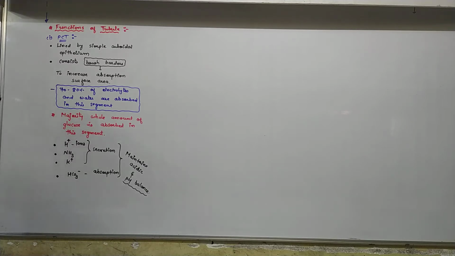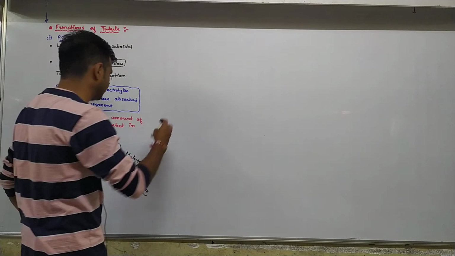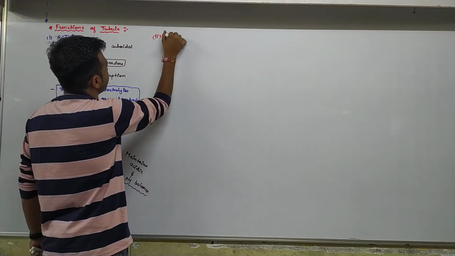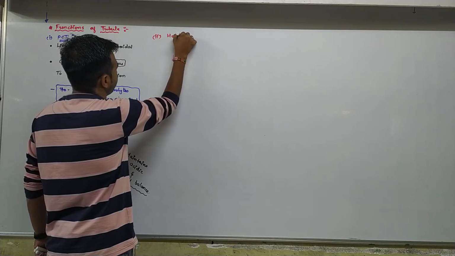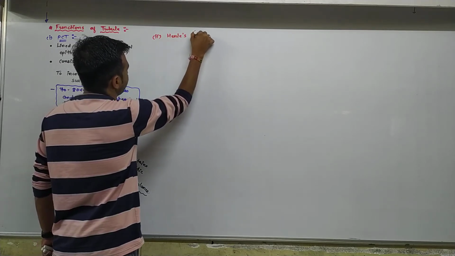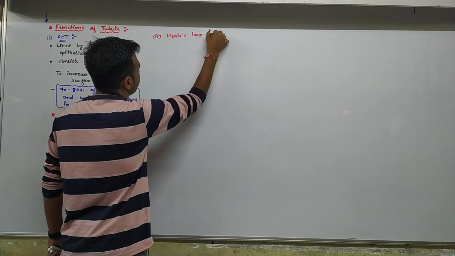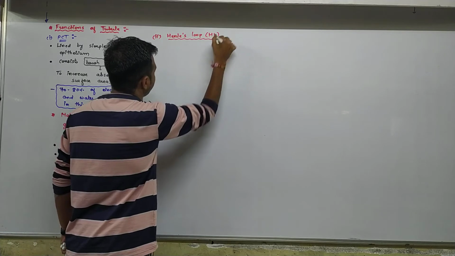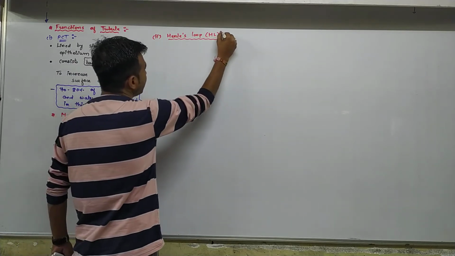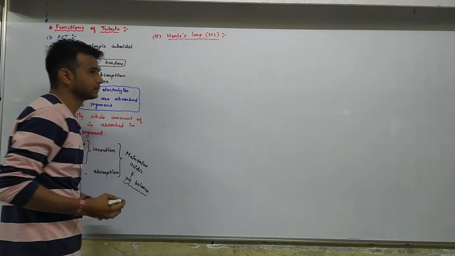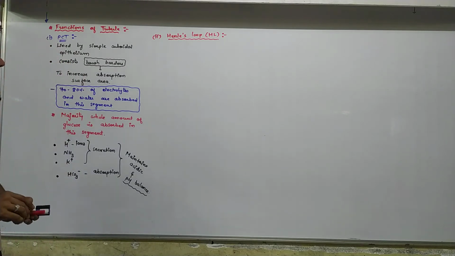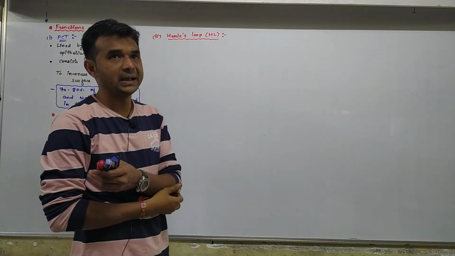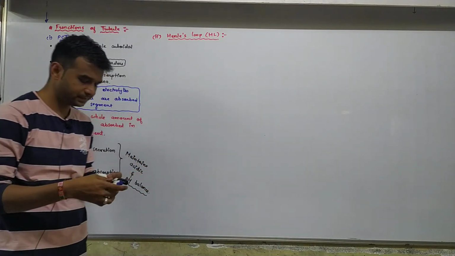Now Henle's loop. Loop of Henle has two regions. You know that Henle's loop is a hairpin-like structure as well as a U-shaped tubule.